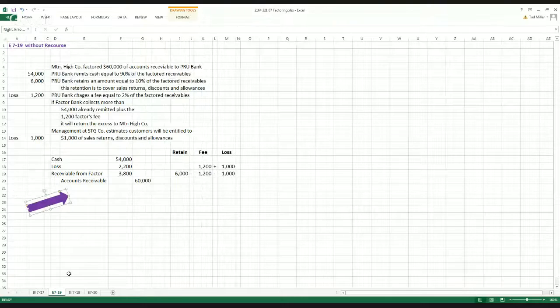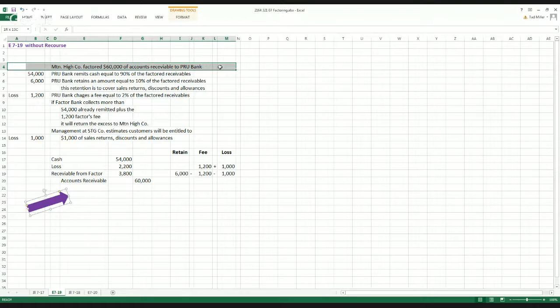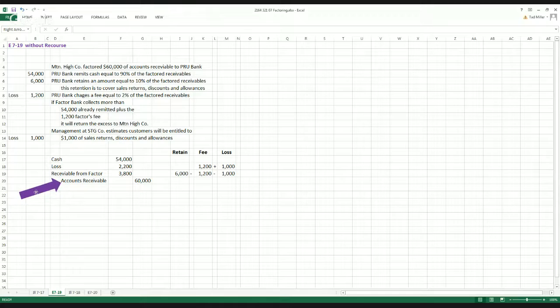Now, exercise 19 is a very, very similar problem, but we'll go through it again. In this case, the name's different. Mountain High Company factored $60,000 worth of receivables to Prue Bank. Take the receivables off the books, receive cash, less cash.